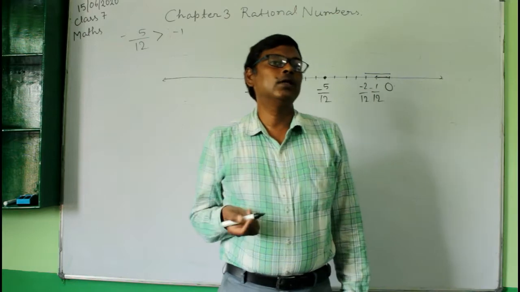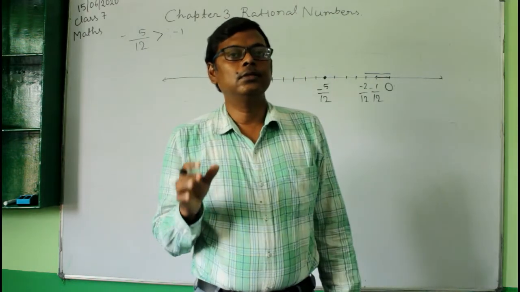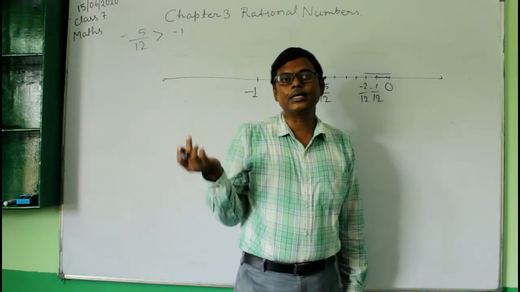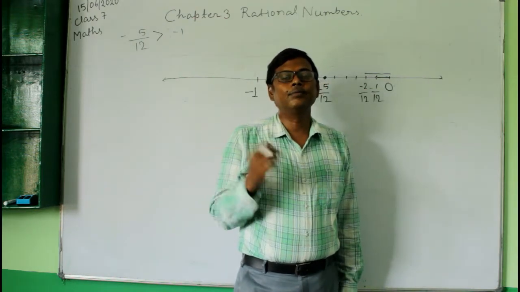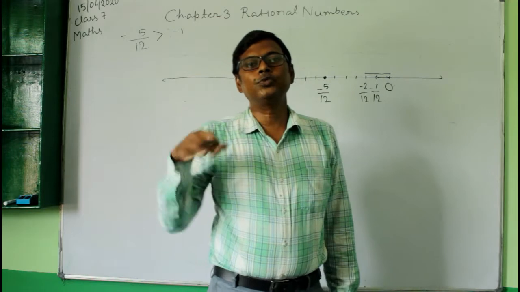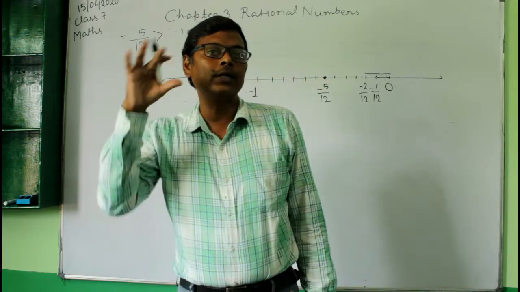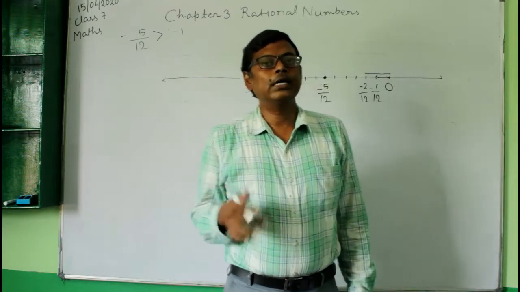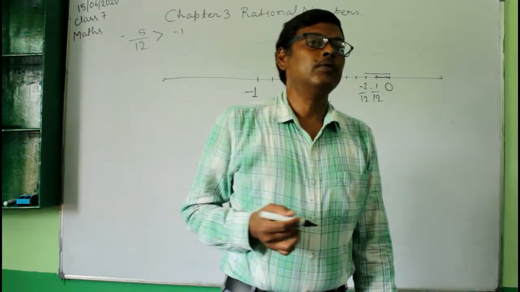And also the negative sign: if there is a negative rational number, then that negative sign must be in the numerator. If it is in the denominator, then shift this negative sign to the numerator. So that will be the standard form of a rational number.